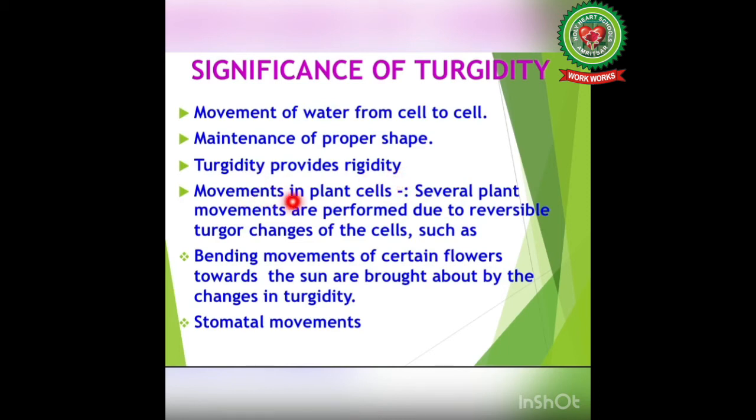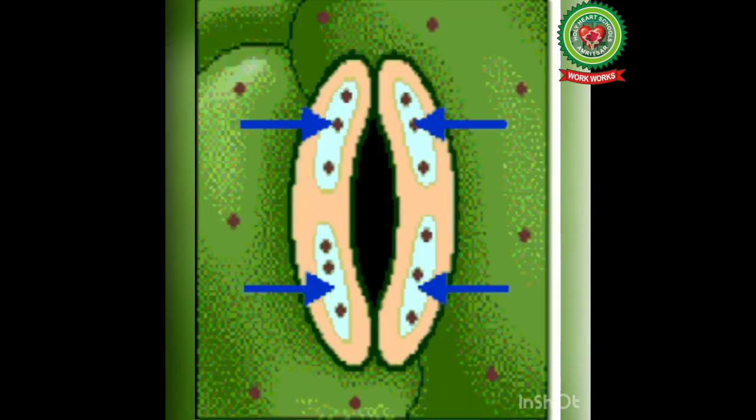Then movement in plant cells. Several plant movements are performed due to reversible turgor changes of the cells, such as bending movements of certain flowers towards the sun. Then stomatal movements. The opening and closing of stomata are controlled by turgidity in guard cells.